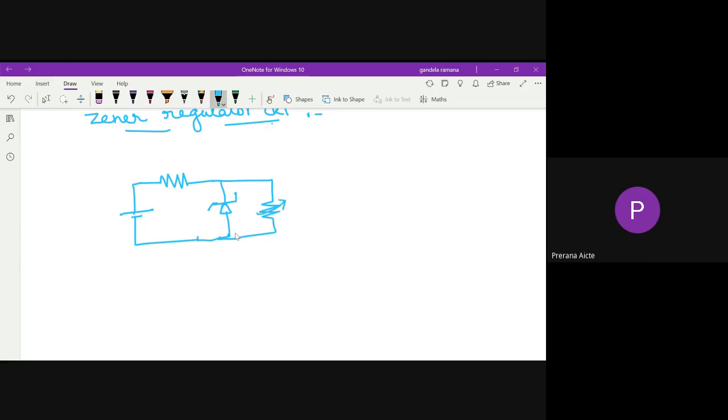This is the load resistance RL. This one is IZ. This one is IL.